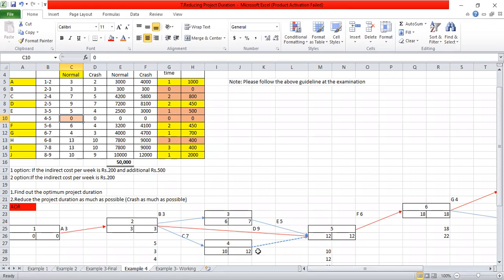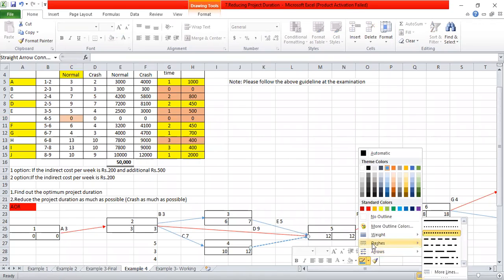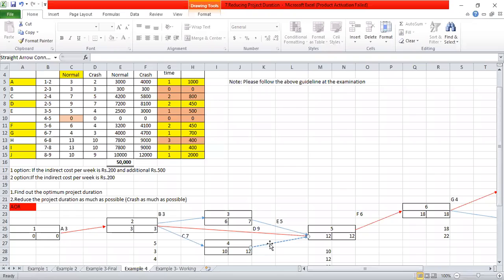Therefore, for a dummy activity you have to draw the arrow as a line with dashes. As this is a dummy activity, you have to draw it as dashes, right?